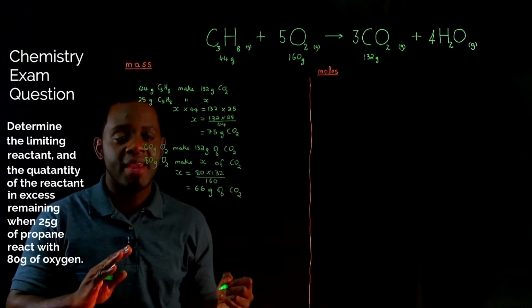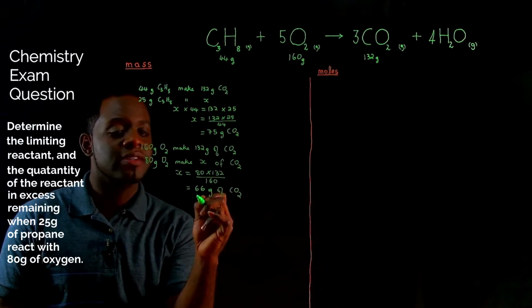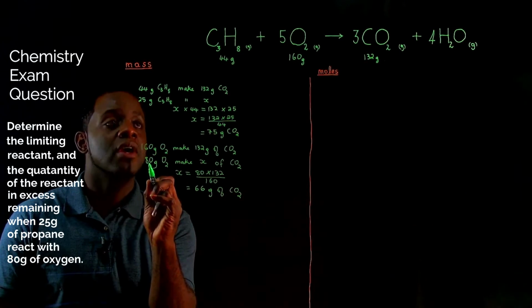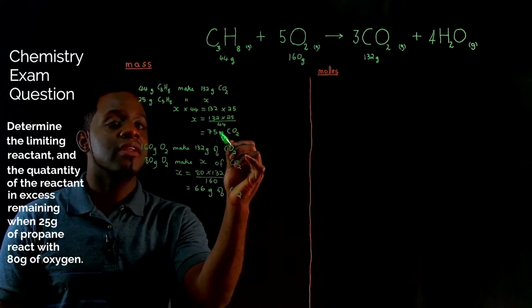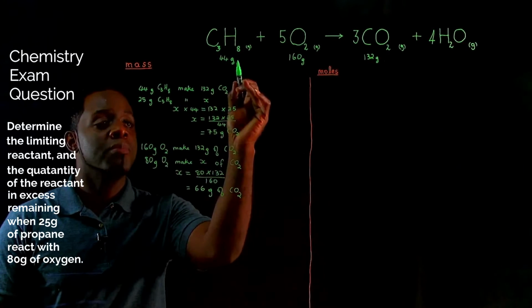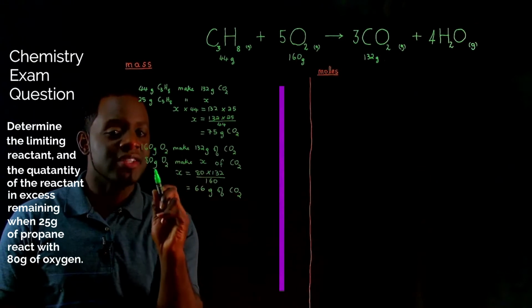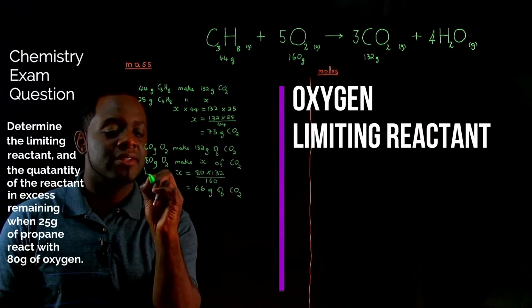Since we make a lesser amount of carbon dioxide starting with 80 grams of oxygen than we make starting with 25 grams of propane, then oxygen is the limiting reactant.